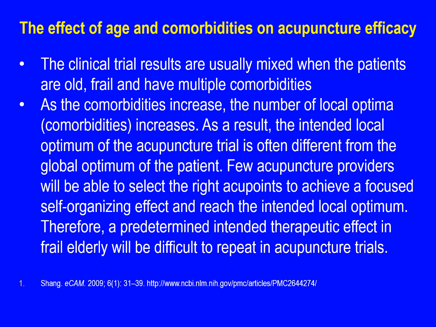So few acupuncture providers will be able to select the right acupuncture points to achieve a focused self-organizing effect and reach the intended local optimum. So essentially, acupuncture becomes harder in those patients. And therefore, a predetermined intended therapeutic effect in the trial in frail elderly will be difficult to repeat, and therefore the effect size tends to be on the low side as a result.